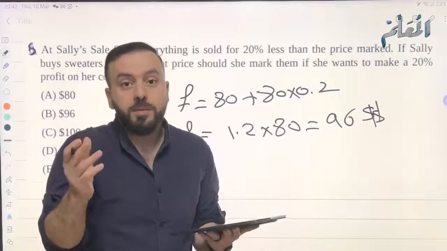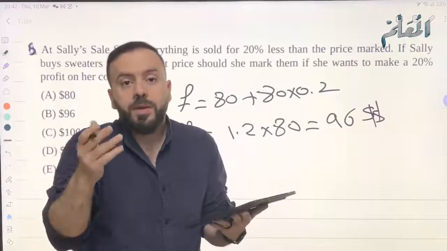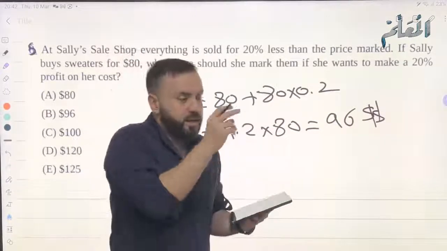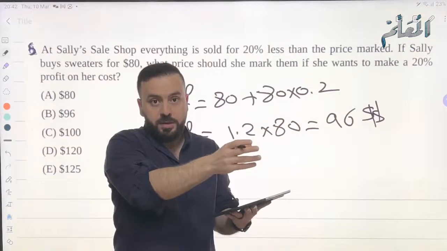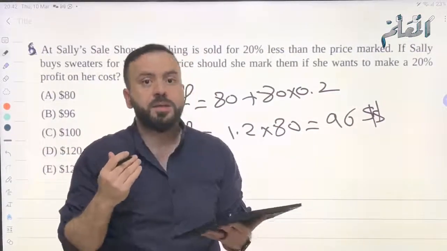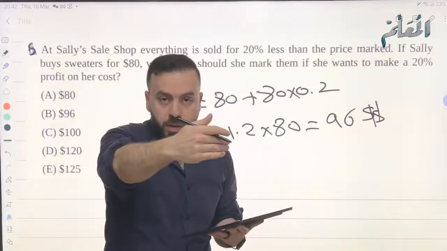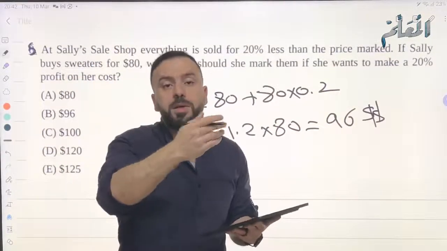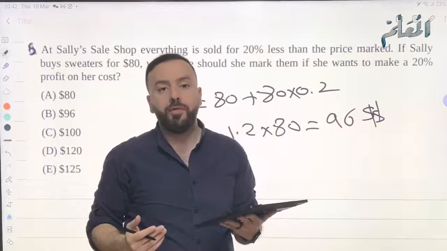But any customer will not be happy if he sees that the price is 96 and he doesn't get a discount. So I need to increase the 96 to another amount, and explain to the customer, yes, you got a 20% off.